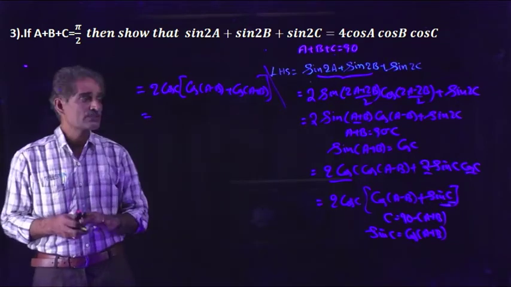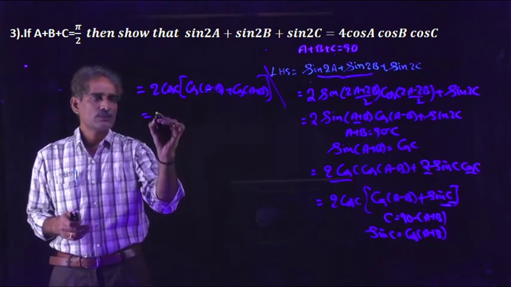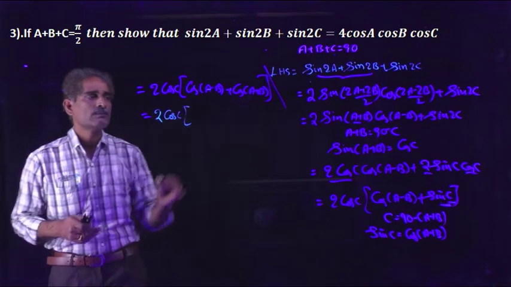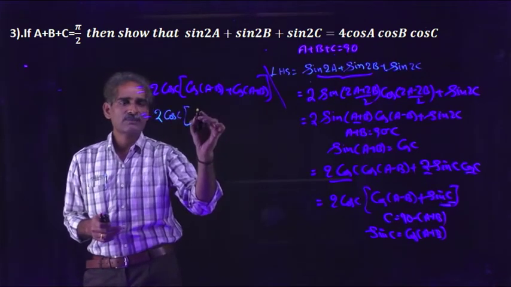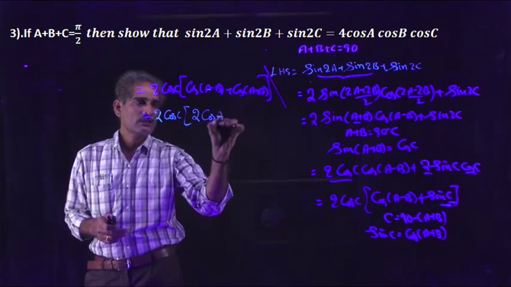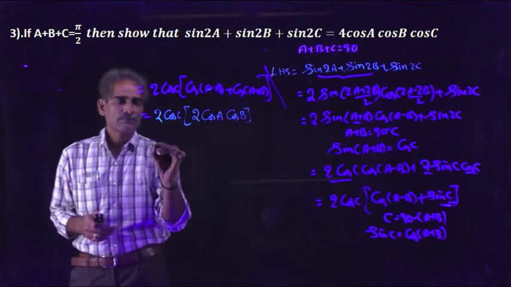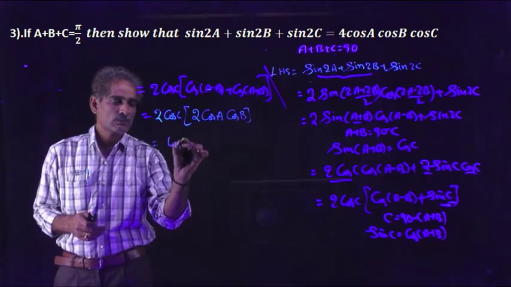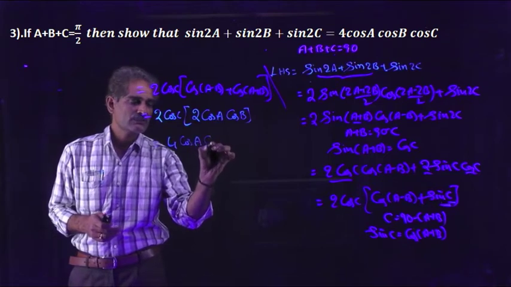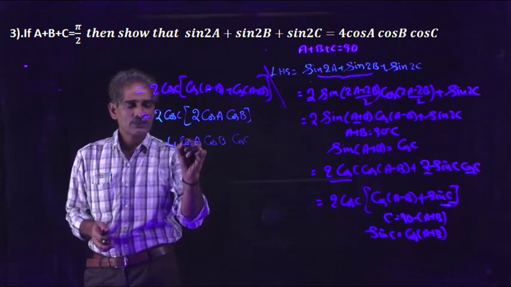Now cos(a plus b) plus cos(a minus b) is 2 cos a cos b. So 2 cos c into 2 cos a cos b, that is equal to 4 cos a cos b cos c.